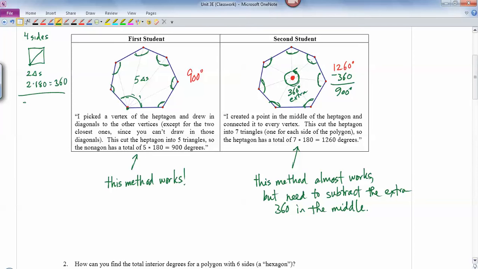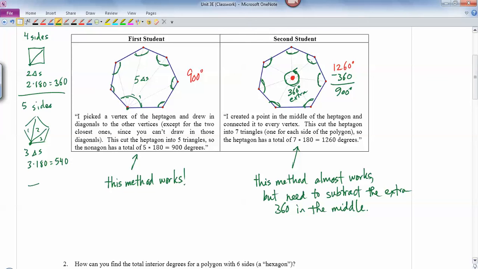If I had 5 sides, and I pick a corner and connect it to everything, then I've got 3 triangles. 3 times 180 is 540 degrees.